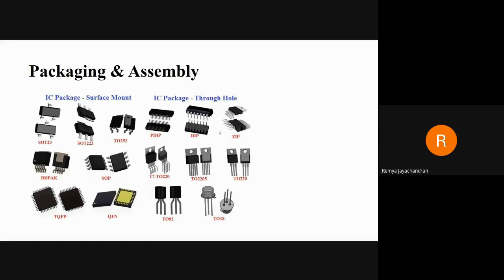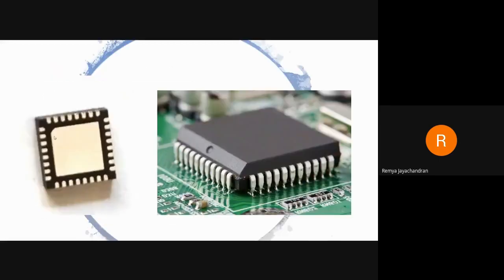You have seen it in the labs, the DIP package. Different types of packaging depend on your application. The first one is my IC, the IC for which I have done the tape out. This is the QFN package with 32 pins. Or you can go for the through hole packaging.